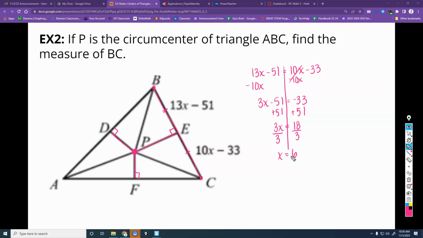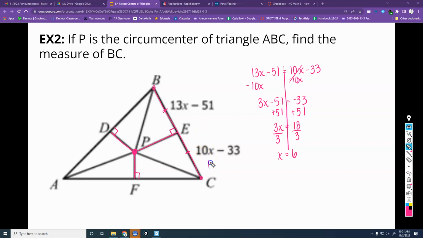You feel like you're done here, but did it ask for x? No. What did it ask for? It asked for the measure of BC. So what do I need to do? I need to plug 6 back in, right? It doesn't matter which one of these you plug it into.